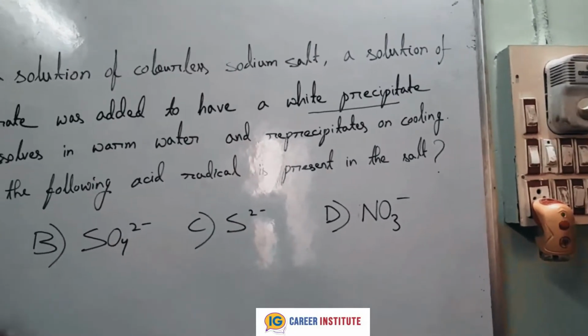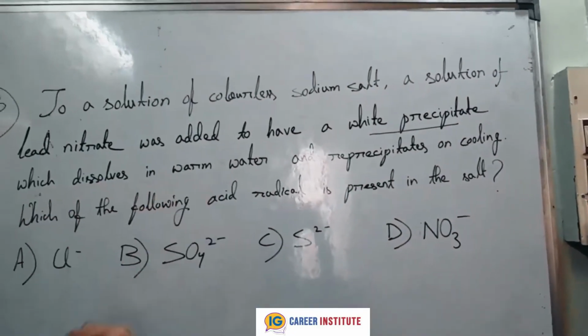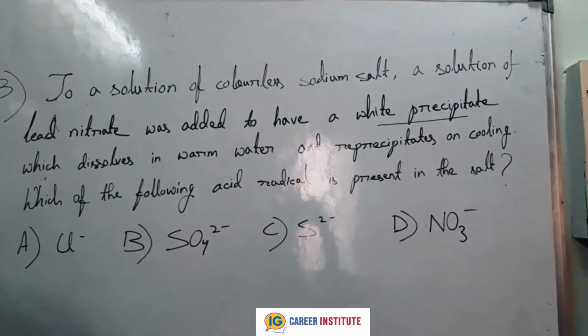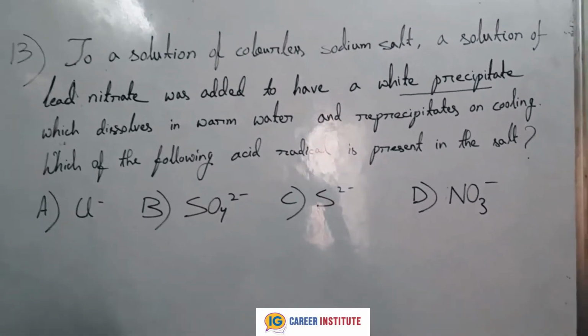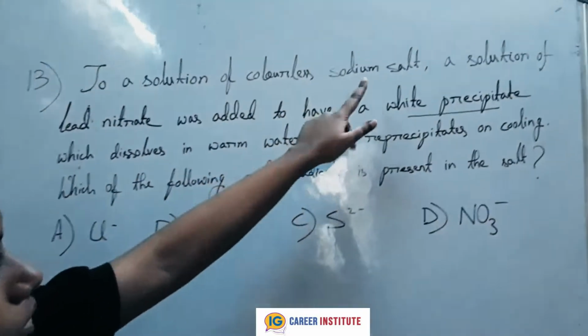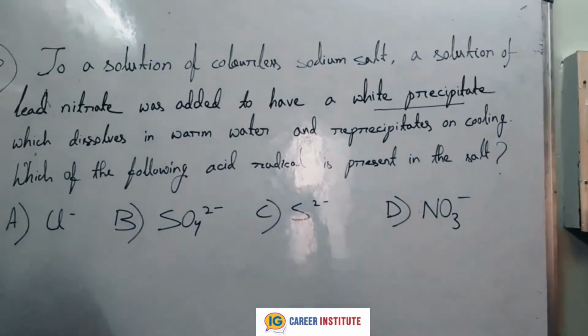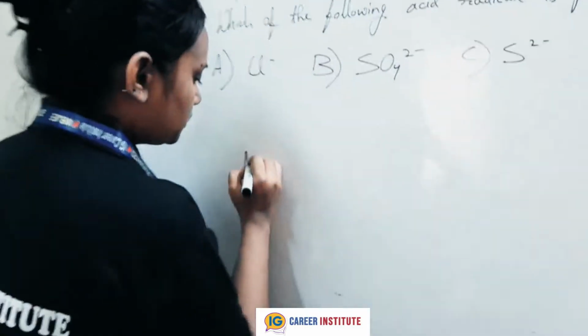We already know that such white precipitates which dissolve in warm water and can be reprecipitated on cooling are actually lead chloride. So basically the colorless sodium salt was sodium chloride. So how is the reaction going on?